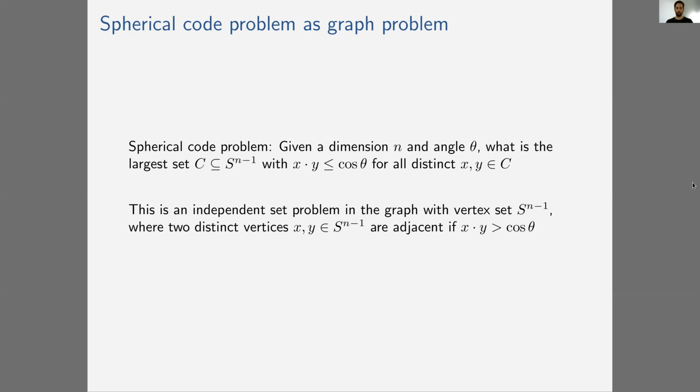Now we want to set up this theory not just for this graph, but for general graphs that appear if you study a packing problem.